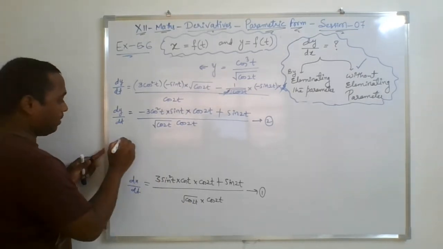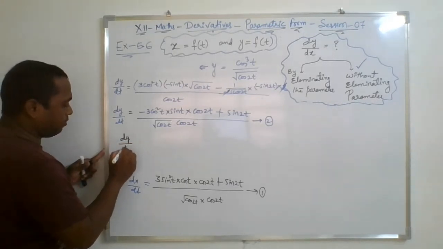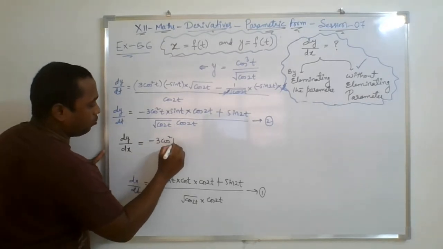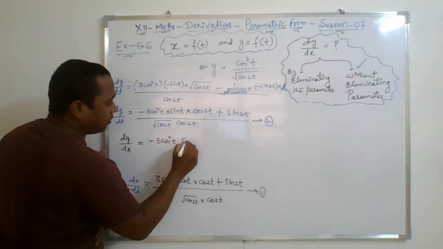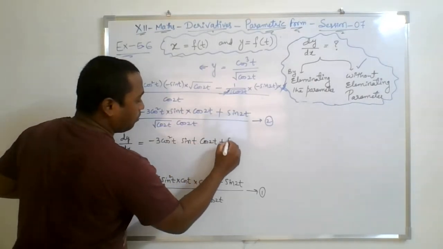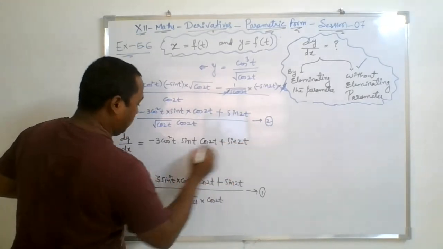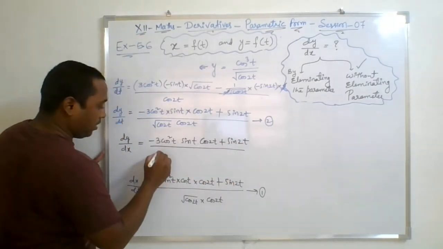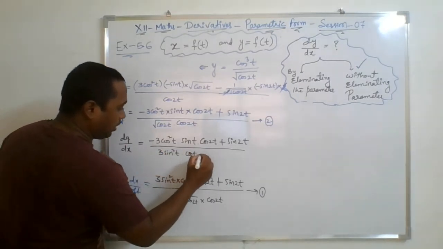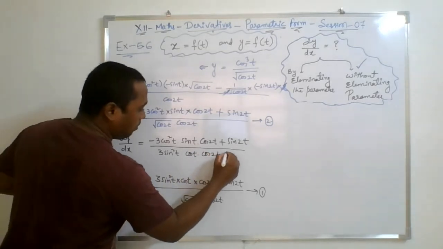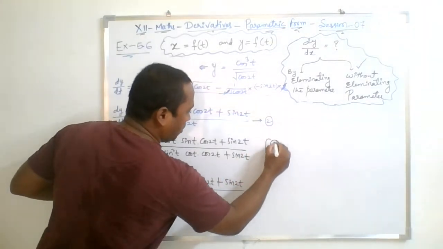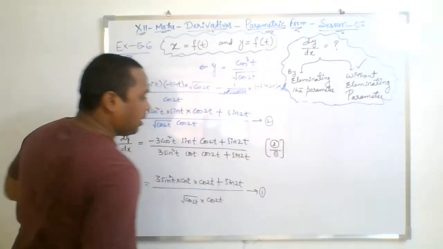What I am left with, dy by dx, is simply minus 3 cos square t into sin t into cos 2t plus sin 2t upon 3 sin square t into cos t into cos 2t plus sin 2t, and this is possible by dividing the second equation by the first equation.